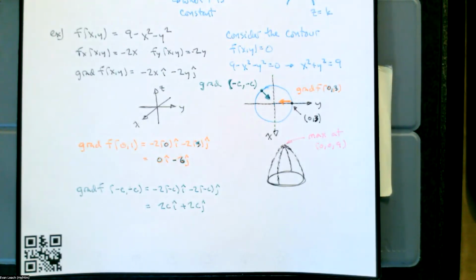It's going to be perpendicular to the contour. This makes sense because the contour is where the function isn't changing value. So perpendicular to that should be the direction of maximum increase. If we multiply by -1, that will be the direction of maximum decrease.